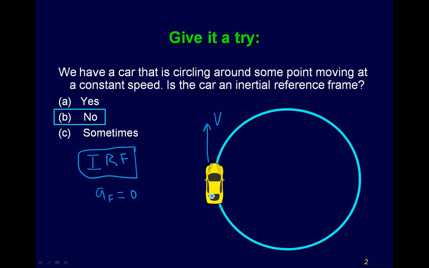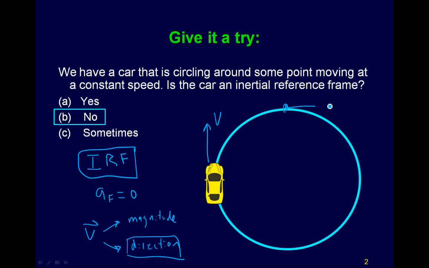Now here, our car is going at a constant speed, so velocity as a vector has two parts to it. Any vector does. It has the magnitude and the direction. And we're going to talk a lot about this during this lecture. In this case here, the magnitude is staying the same. However, the direction is changing.